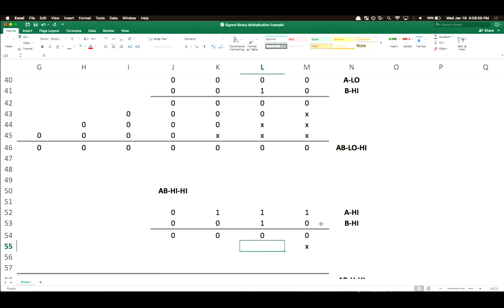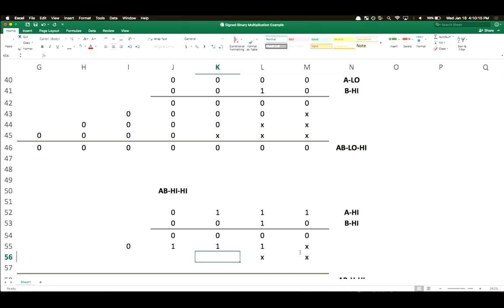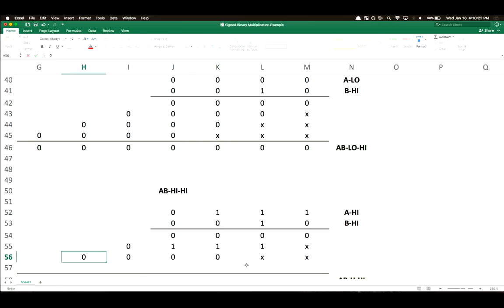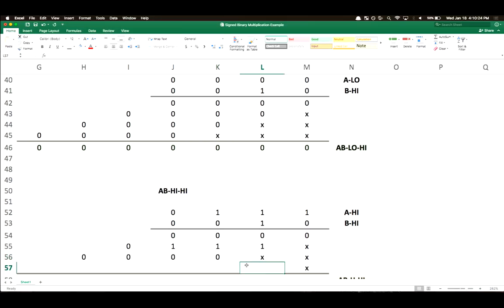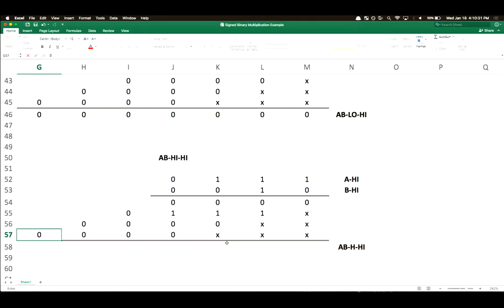And then now we look at the next bit right here. Since it's a 1, we're just going to write A high. Since these two are zeros, we're just going to write zeros for the rest of them. Then you want to just add them up.